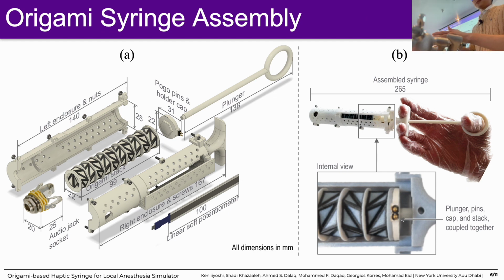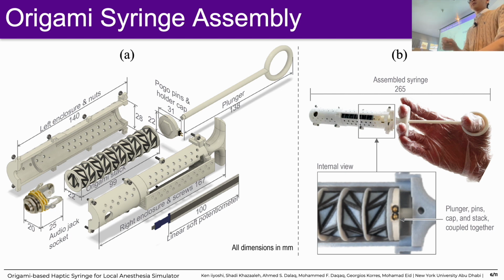Once we'd done this, we assembled a full haptic syringe. We also 3D printed a shaped enclosure around the spring, which we printed with a nylon printer to minimize the weight. Once you have a plunger, that's basically the syringe itself.